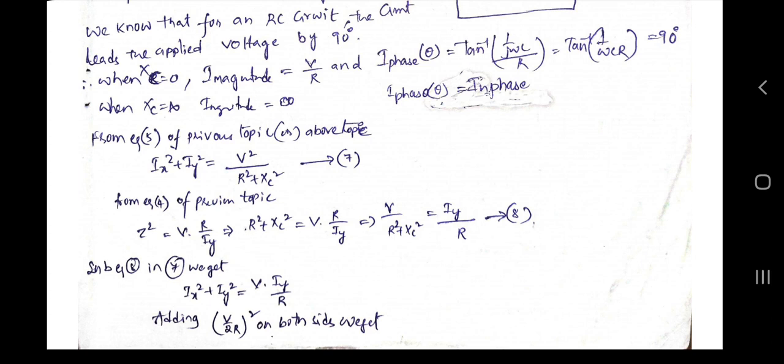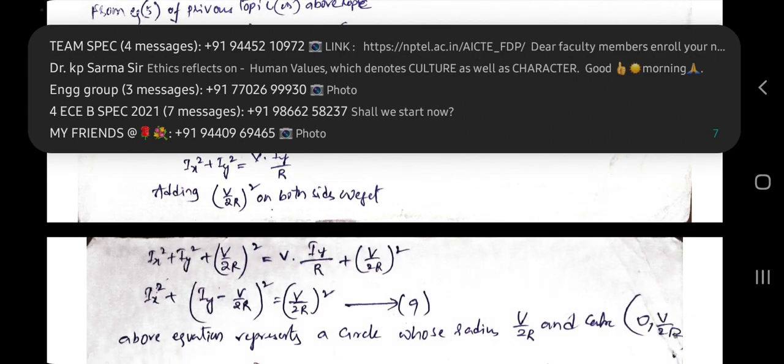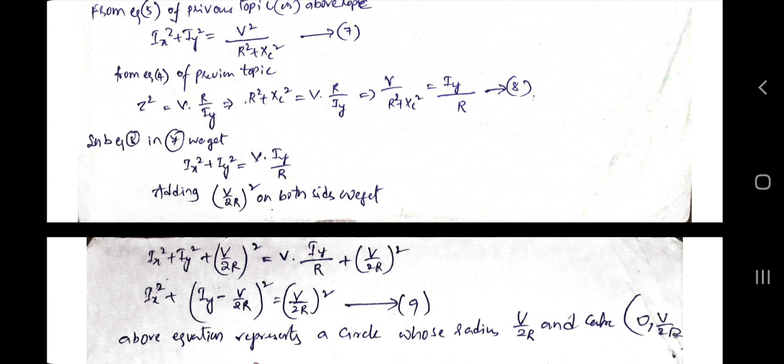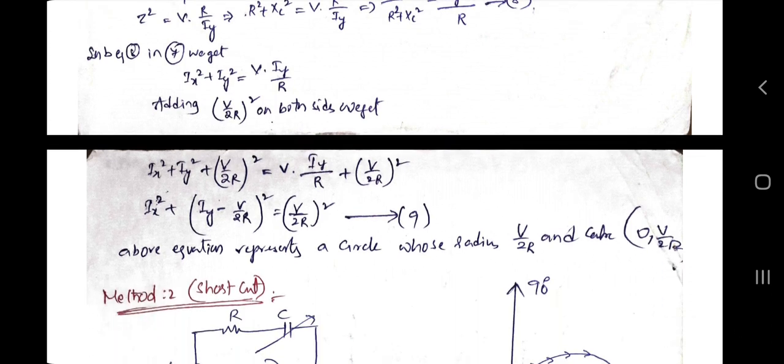This equation number 8 will be substituted in equation number 7. Instead of V by R square plus X square, put Iy by R, and you get the resultant equation: Ix square plus Iy square equal to V into Iy by R. Adding V by 2R whole square on both sides, it becomes a circle equation: Ix square plus Iy minus V by 2R whole square is equal to V by 2R whole square.